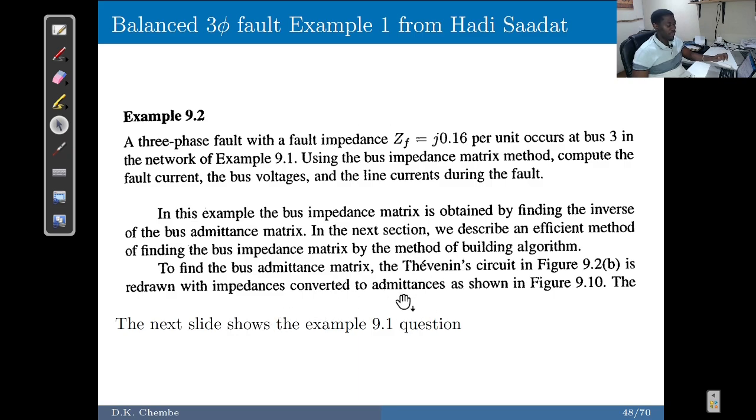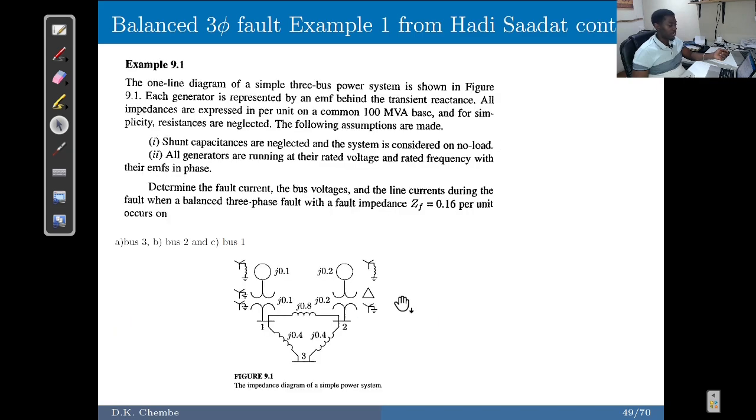For us to find the bus admittance matrix, we have to have the admittance diagram. Now here is the circuit that has been given, with impedances. So we are converting these to admittances, then we find the Y bus, and then we convert the Y bus to the Z bus.